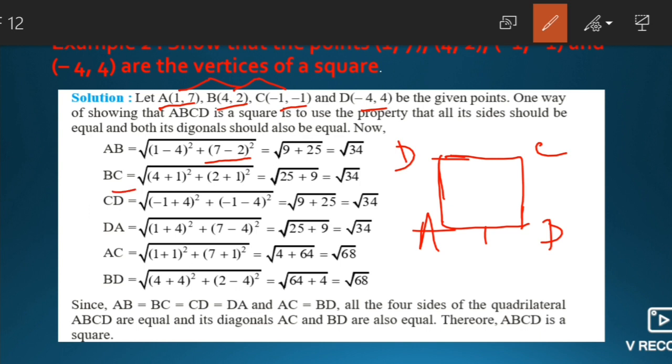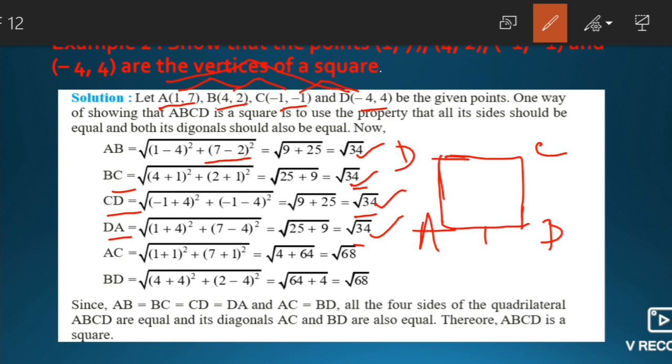Take C and D and apply the distance formula to get the length of CD. Take A and D to get the distance AD. As you can see, the values of AB, BC, CD, AD, these four sides, are the same and it is root under 34.